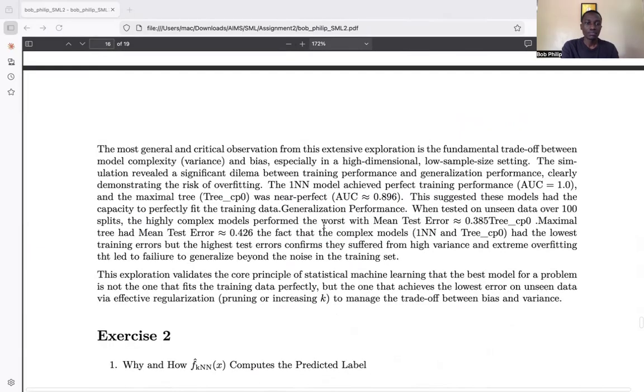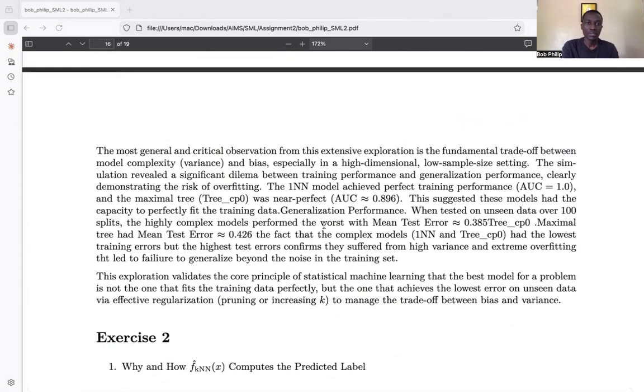One takeaway we can take from here is about performance, or how KNN works. Increasing the number of K reduces variance and increases bias, and at the same time, for trees, increasing complexity increases variance and reduces bias.